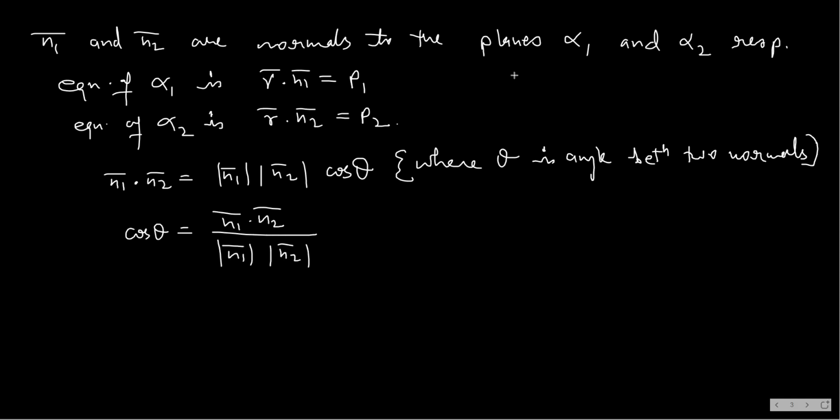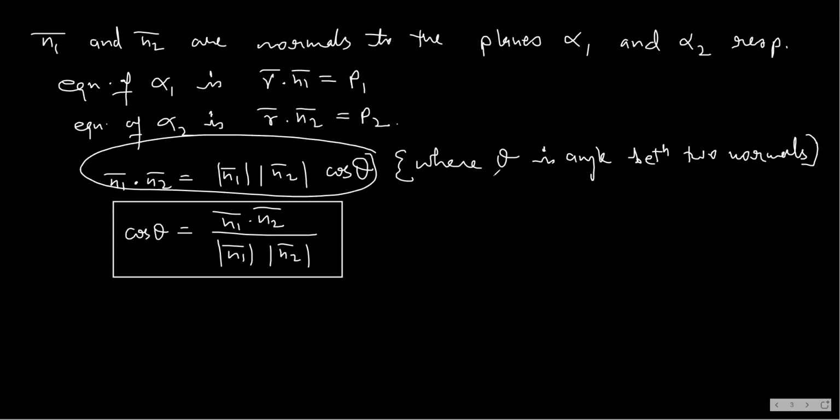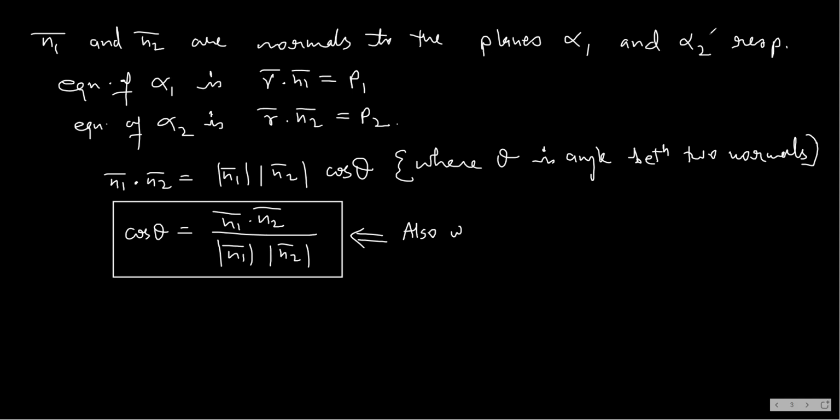Where theta is the angle between two normals, but the angle between two normals is the same as the angle between two planes. So the same formula also holds true for the angle between the planes.